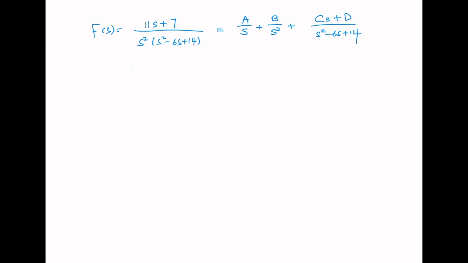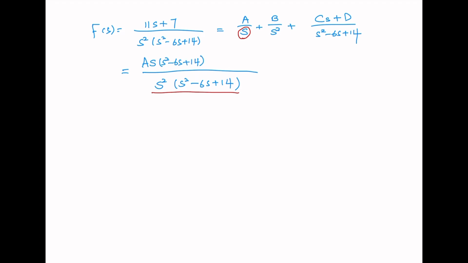This equals, for the denominator, originally we have s squared times s squared minus 6s plus 14. Now for the A term, what am I missing? I already have s for A. When you look at this denominator, it is s squared times s squared minus 6s plus 14. Therefore, I'm missing s times s squared minus 6s plus 14.